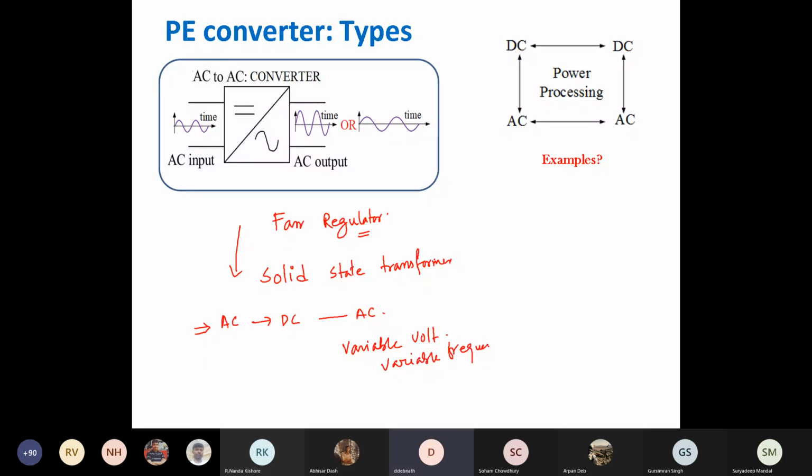For induction motor speed control, you need a variable voltage, variable frequency power supply. And in our home, we have a fixed frequency, fixed voltage supply. So how do you convert it? First, you convert from AC to DC, then again back to AC. So that effectively it looks like a transformer, a solid state transformer using solid state or electronic devices. So this is an example.